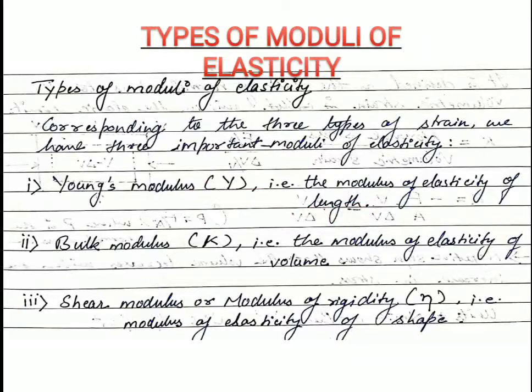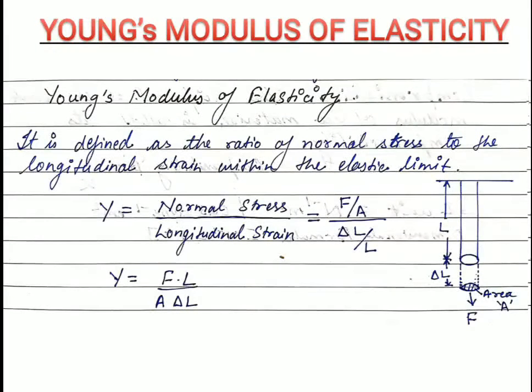Second one is bulk modulus, denoted by K, that is the modulus of elasticity of volume. And the third one is shear modulus, also called modulus of rigidity, denoted by eta, that is modulus of elasticity of shape. Let us begin with Young's modulus of elasticity.